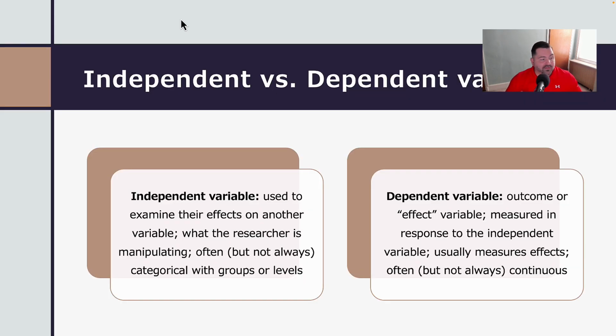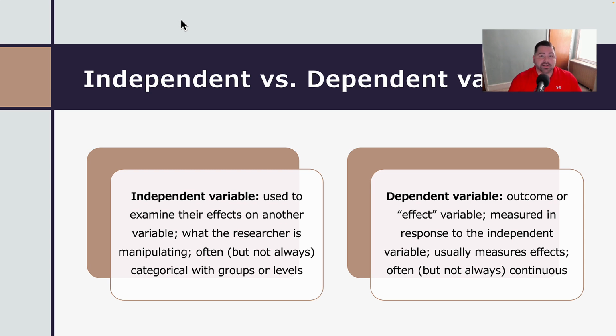The last couple of terms that I want to introduce you to is understanding the difference between an independent and a dependent variable. An independent variable is what I will tell you is the categorical variable. As you can see from the slide, it is used to examine its effects on another variable.